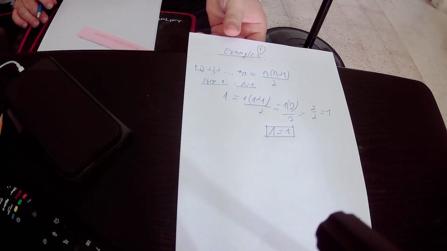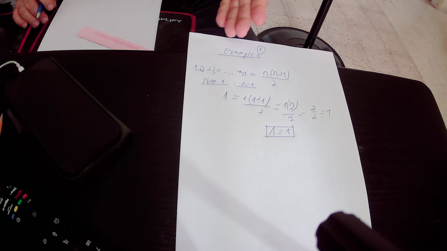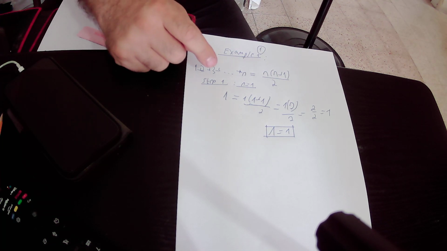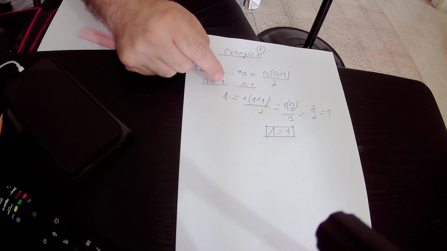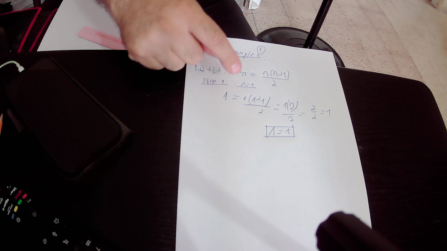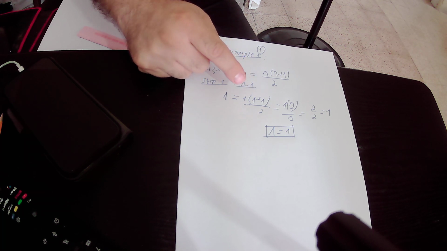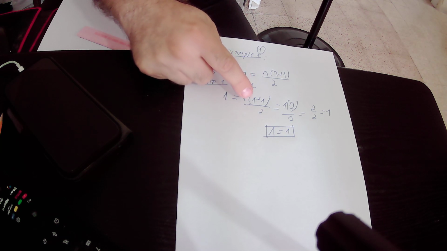So we check this statement for n equals 1, and we actually got that in the left side of the equation we have 1 because n is equal to 1, and in the right side of the equation we have n times n plus 1, and n is equal to 1, so it is 1 times 1 plus 1 divided by 2.